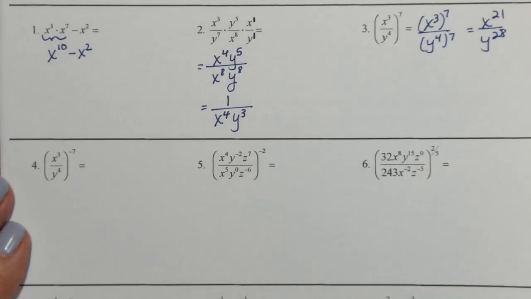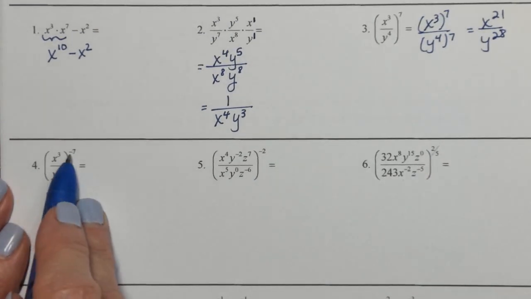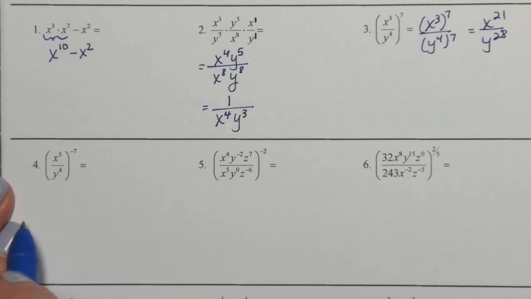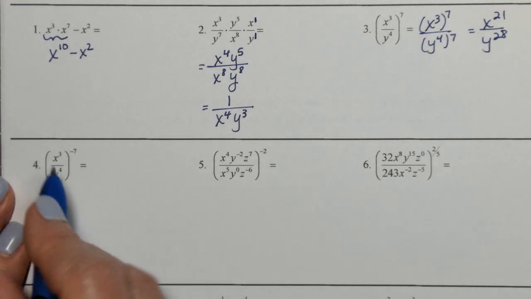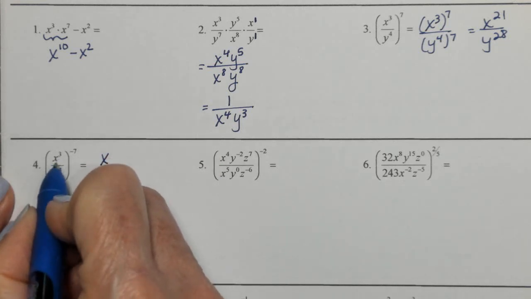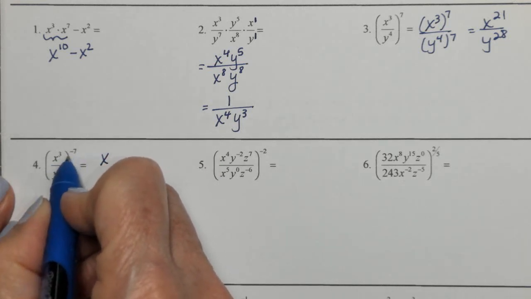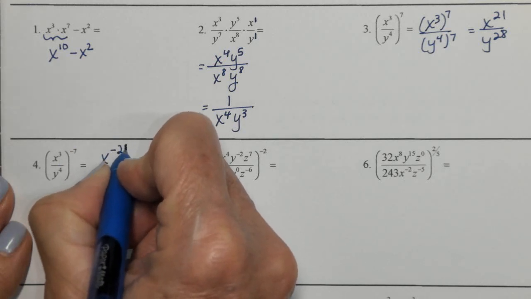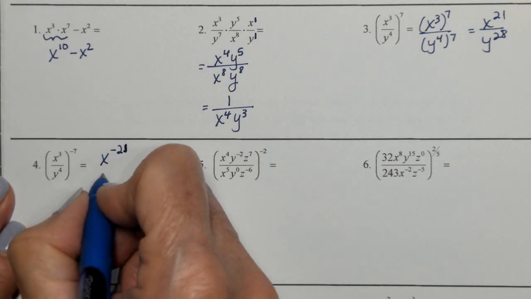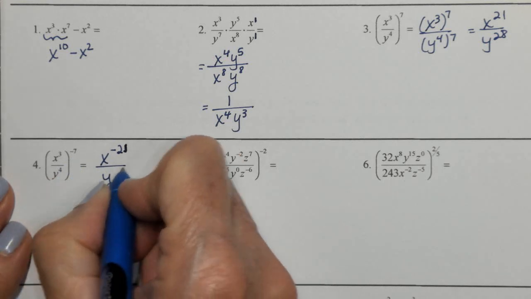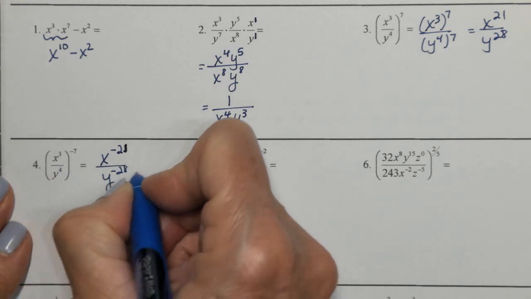Okay, number 4 here. We have a negative power. A couple different ways I can consider this. Today I'm going to just apply the x cubed to the negative 7 power, and that's going to make it a negative 21, almost wrote 28, 21, and then over y to the 4 times negative 7 is negative 28.